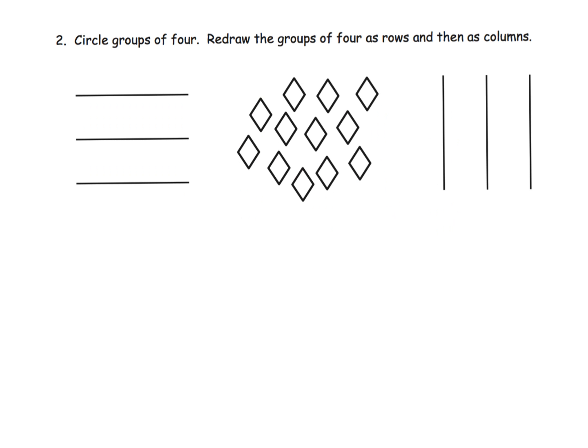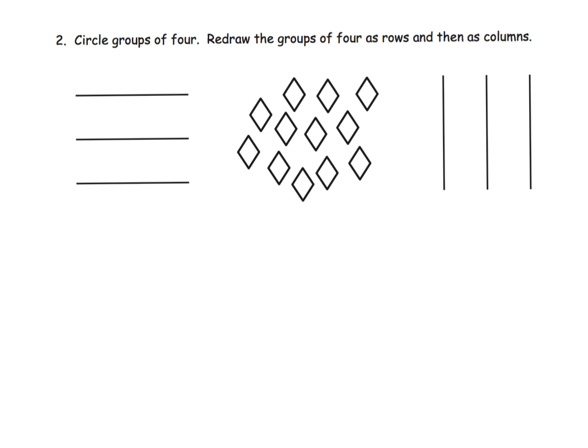This simply is 2 columns and 6 rows versus what looks like this, which is 2 rows and 6 columns. So at this point, let your students have the freedom to just build the arrays. We don't want them fretting over whether they're building it in the right orientation or not.